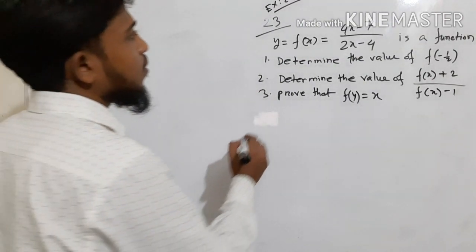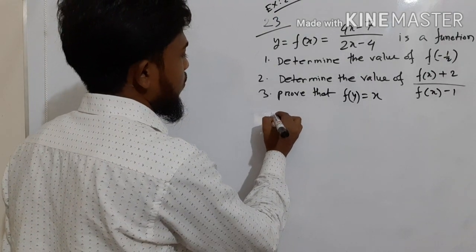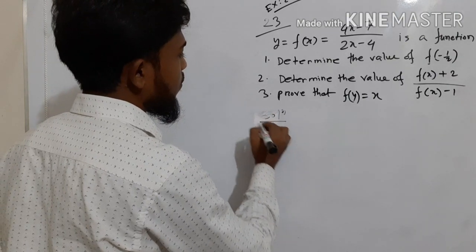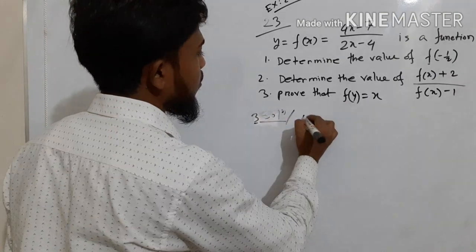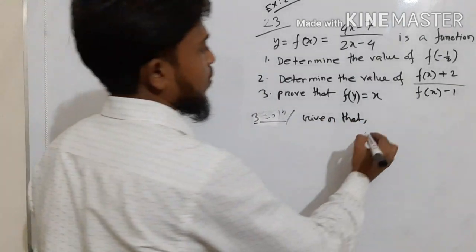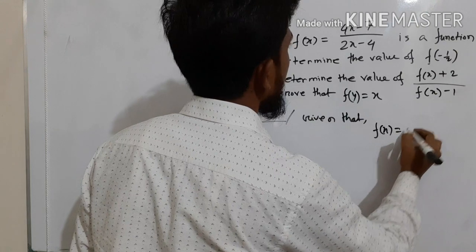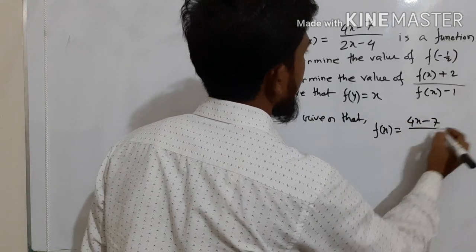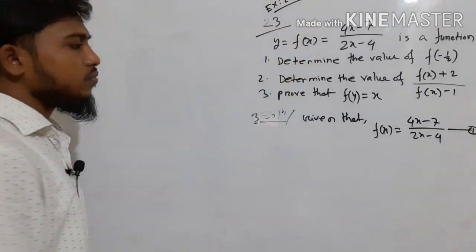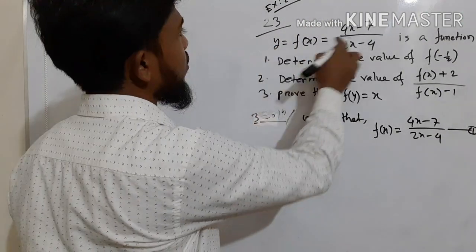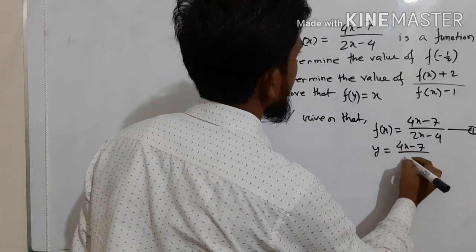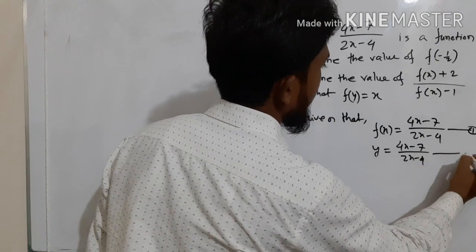Our given function, solution 3, given that f of x equal to 4x minus 7 divided by 2x minus 4. This is number 1 equation, and again we can write y equal to 4x minus 7 divided by 2x minus 4, number 2 equation.